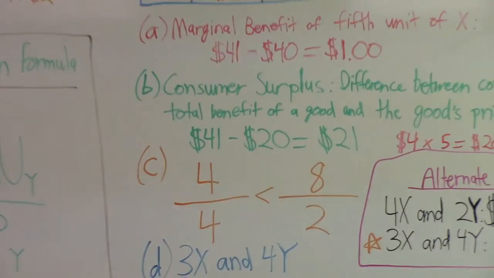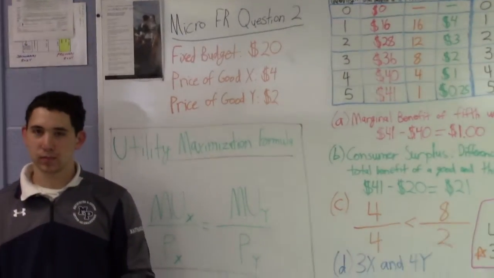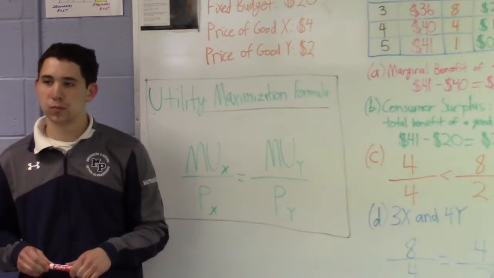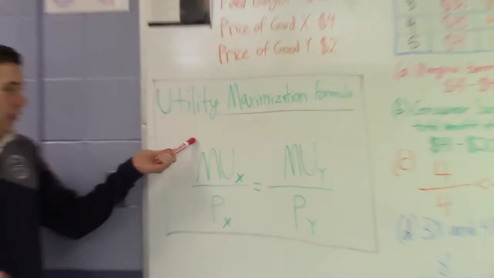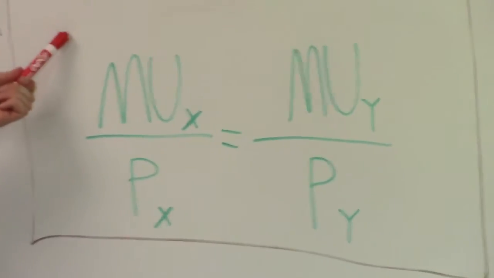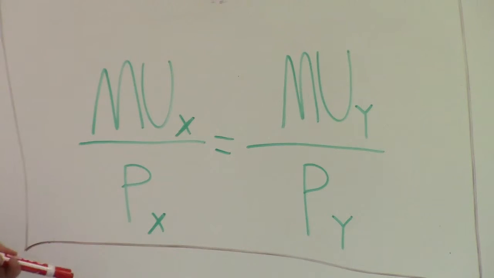Martha is currently consuming 4 units of X and 2 units of Y. Use marginal analysis to explain why this combination is not optimal for Martha. Well, we know from our utility maximization formula that the optimal combination would be when they're equal to each other, the marginal utility of a product over its price.